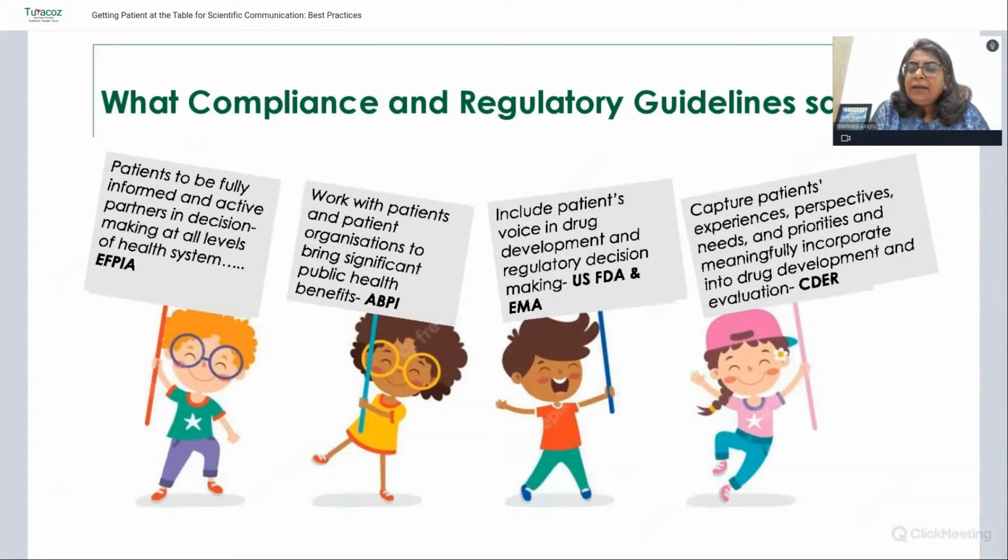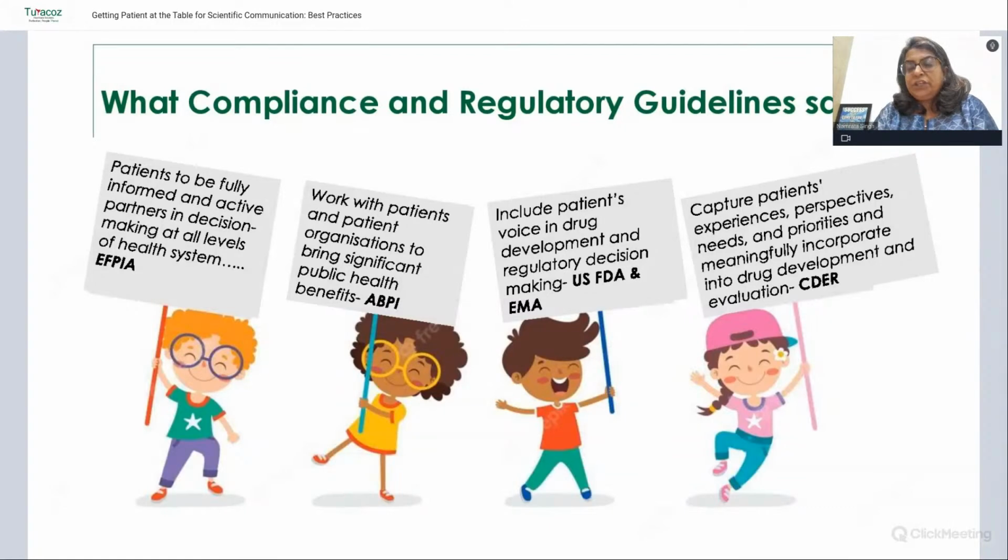There is going to be a better patient outcome, maybe fewer complications. The dissatisfaction is going to be less. There is going to be better adherence to the treatment. So there are so many factors which will bring about significant public health benefits.